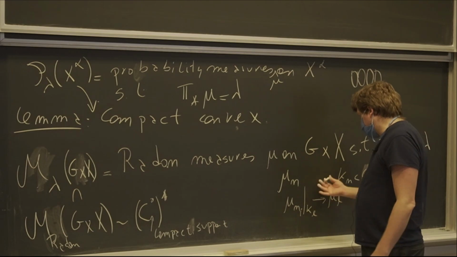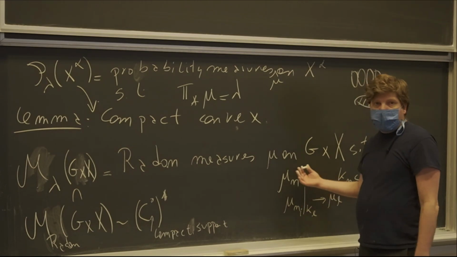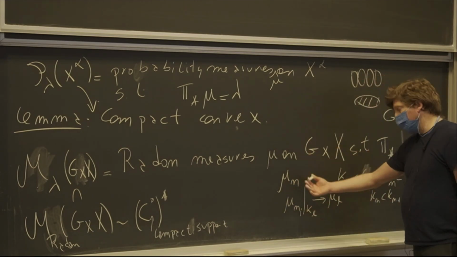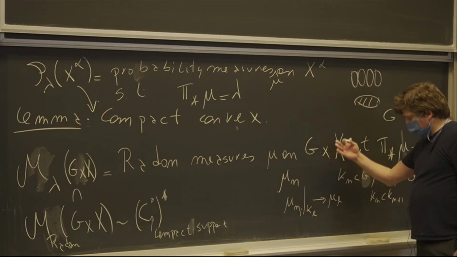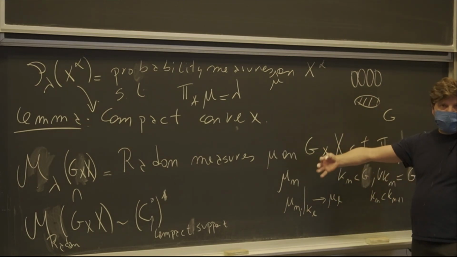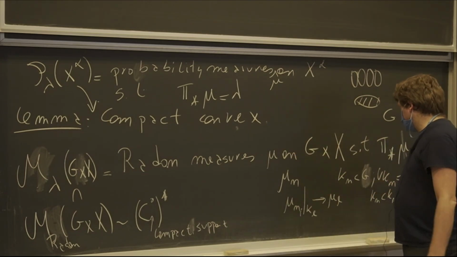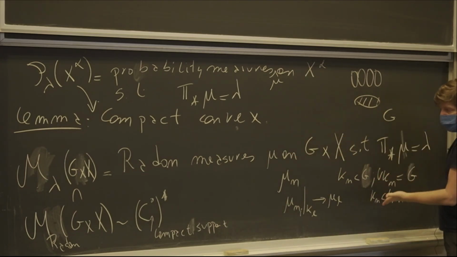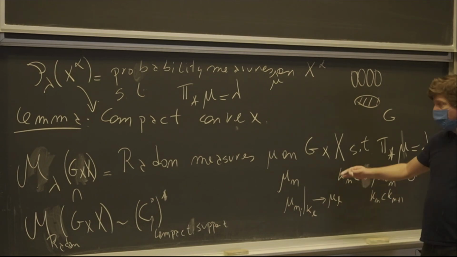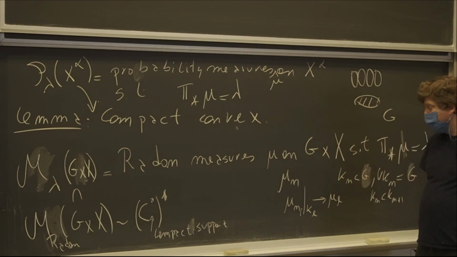Then you just increase the L and do a diagonal argument, and at the end you have a well-defined measure which projects to Lebesgue and is clearly the limit over compact sets. So this tells you that this is a compact and certainly convex set.